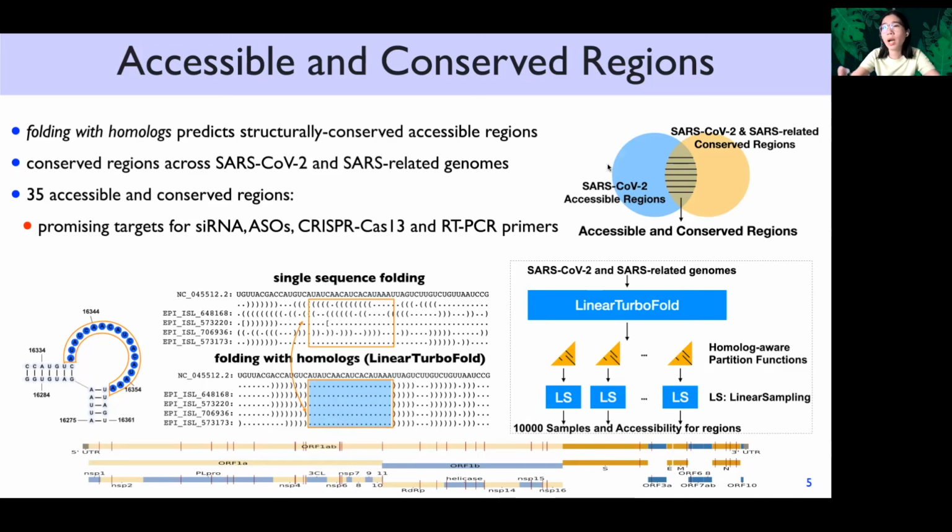In addition to high accessibility, we also require high conservation among SARS-CoV-2 and SARS-related genomes. In the end, we can get both accessible and conserved regions. All those regions are promising targets for siRNA, antisense oligonucleotides, CRISPR-Cas13, and RT-PCR primers.